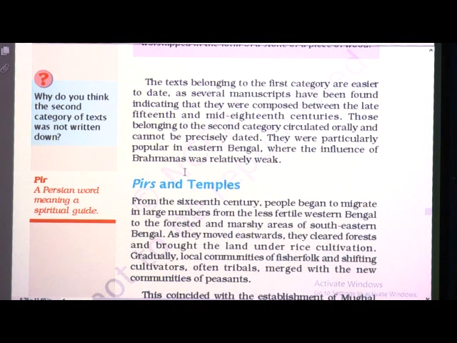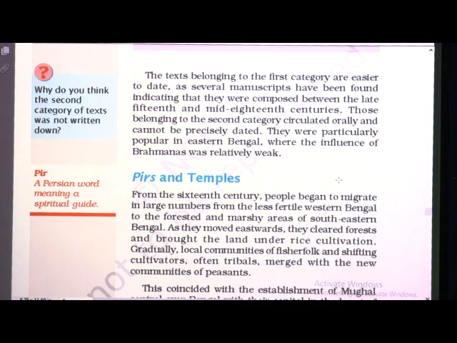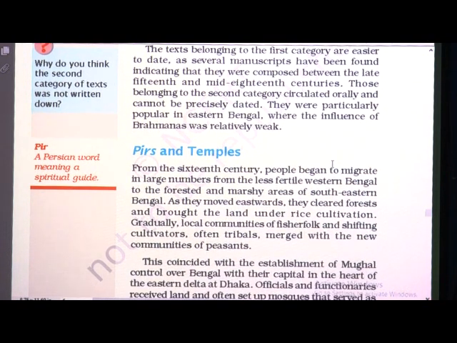They were particularly popular in eastern Bengal, where the influence of Brahmanas was relatively weak. So the first category texts were very easy to date, but those belonging to the second category cannot be given particular dates.